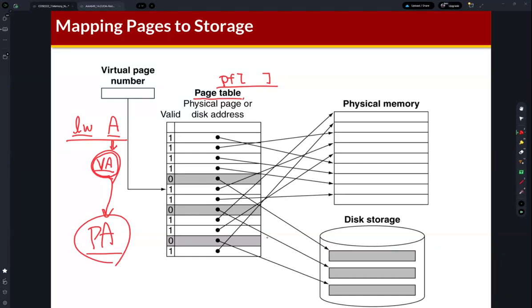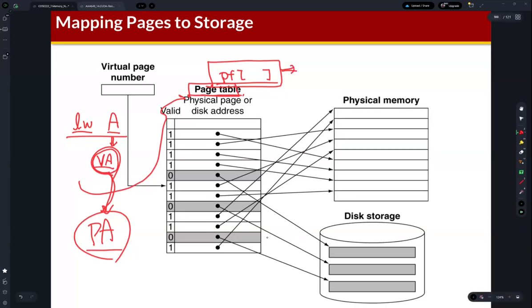For this translation, we need to access the page table, which is an array. So it's real data, array data. What does that mean? This data is also in the memory.